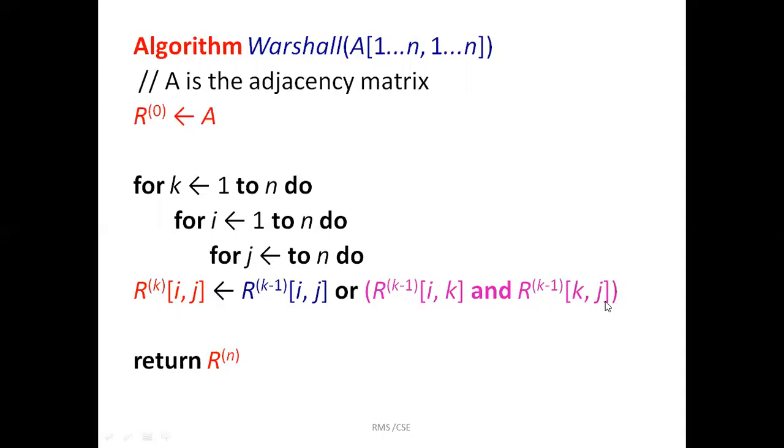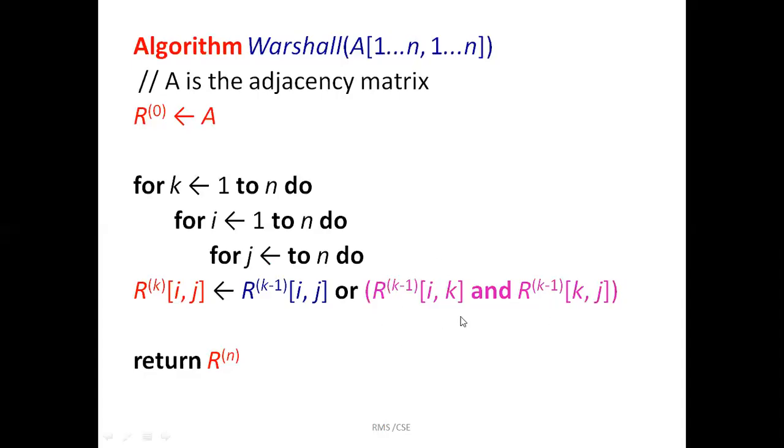So the 0 present in place of i,j can be replaced by 1, and here k indicates the intermediate vertex. Here we can have 1 intermediate vertex, 2, 3, or up to n intermediate vertices. That is, if a graph contains 4 vertices, then I can have a maximum of 4 intermediate vertices.